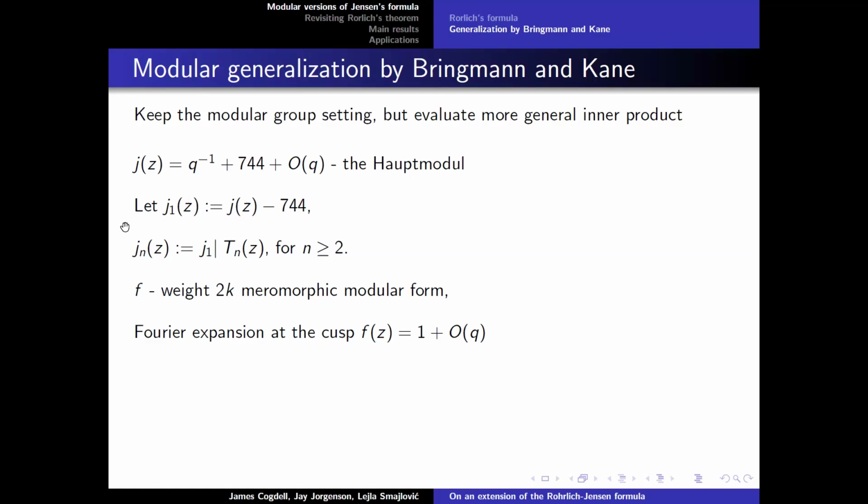And then by Jn we will denote the action of the nth Hecke operator on the function J1, the normalized Hauptmodul, so that the constant term equals 0. So let this be Jn, and let f be the usual weight 2k meromorphic modular form, normalized so its Fourier expansion at the cusp begins with 1 again.